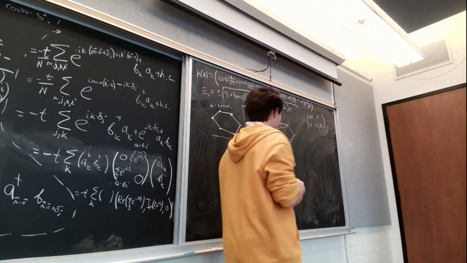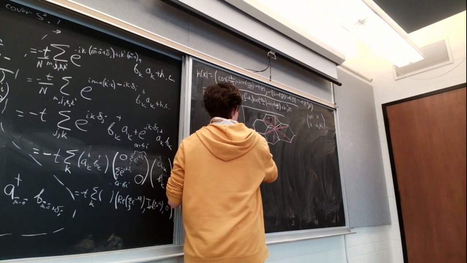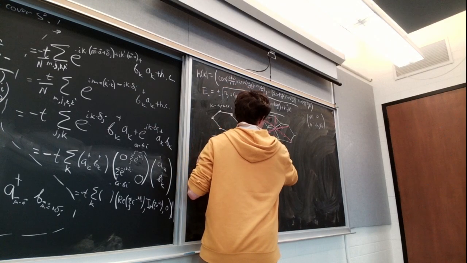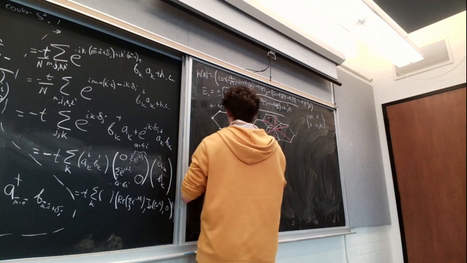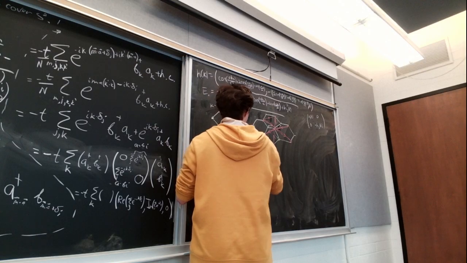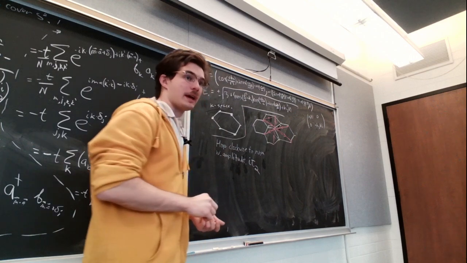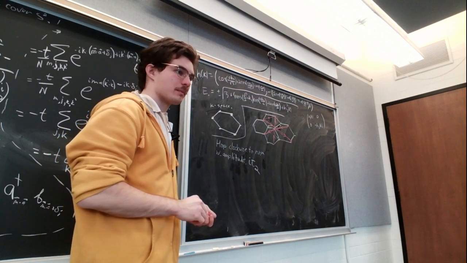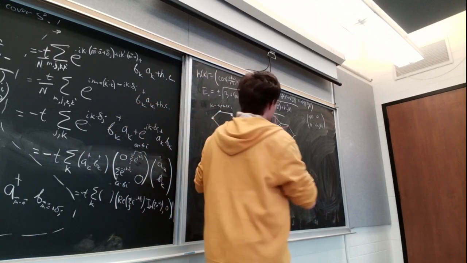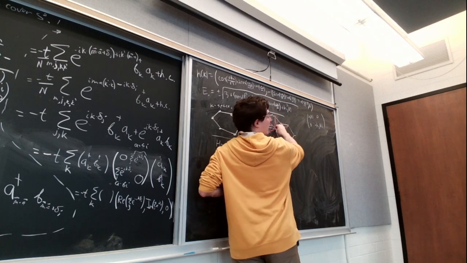And now I'm going to say that I hop clockwise to second nearest neighbors, next nearest neighbors, with amplitude i t2. Okay? Yeah. But this means what? This means that from here, I jump with i t2, but when I jump back, I will jump with minus i t2.